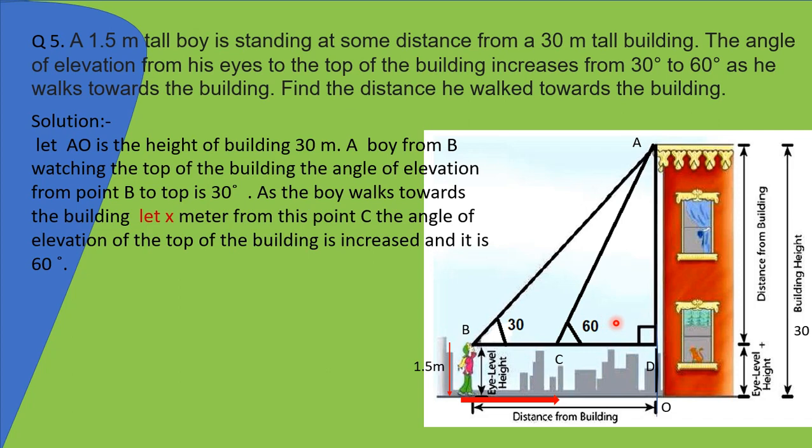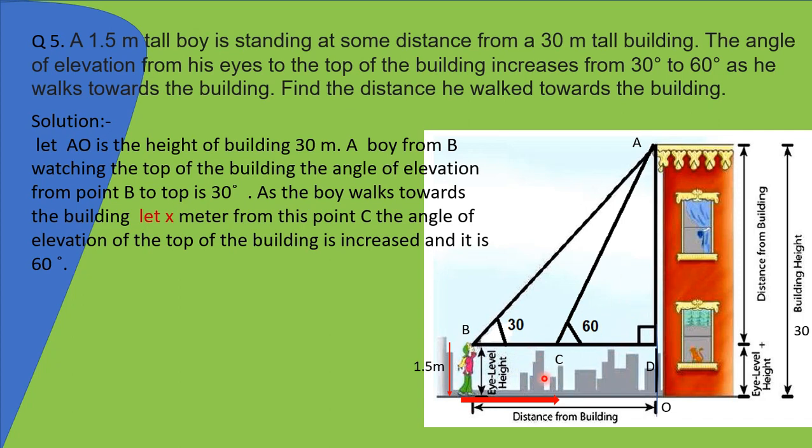But before this, what trigonometric ratio do we have to use? Let us understand that. Here AO is the height, that is, in the right angle triangle ADB, this is the perpendicular, and we have to find out BC, the base of this triangle. So that means the relation of perpendicular and base.